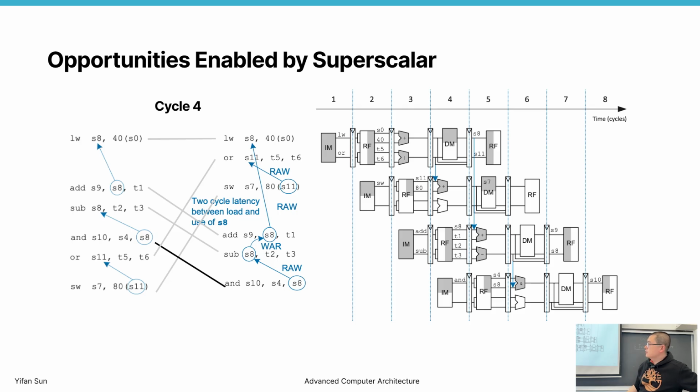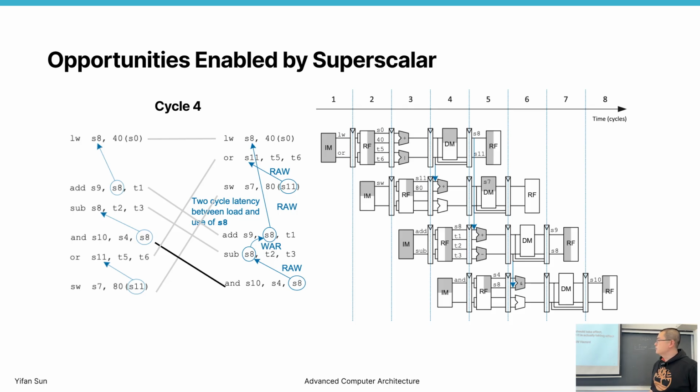So although this OR instruction is written at a later time, so its program order is later, we can execute it at an earlier time so that our execution result is exactly the same as if we were executing one instruction by one instruction, right? So this is reorder execution.